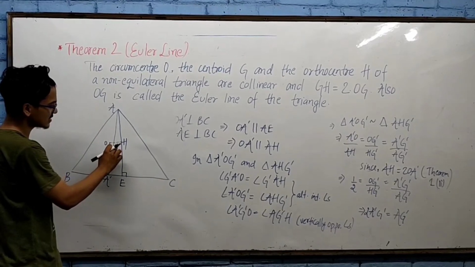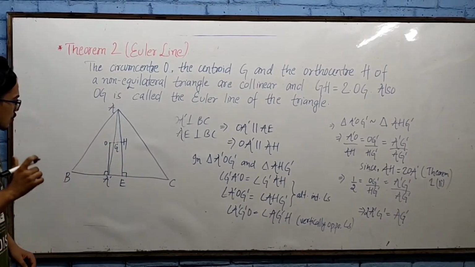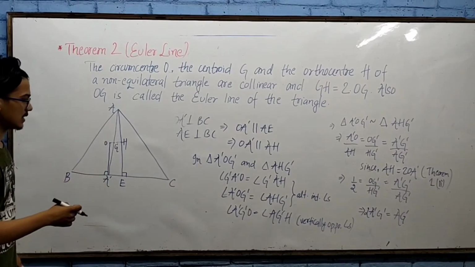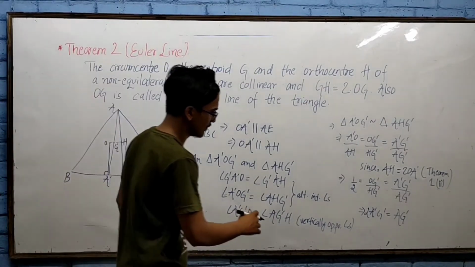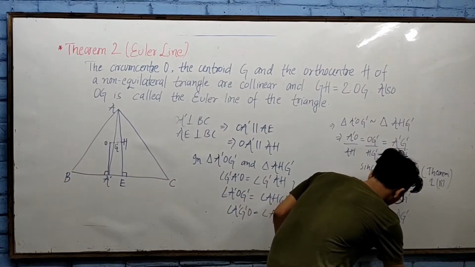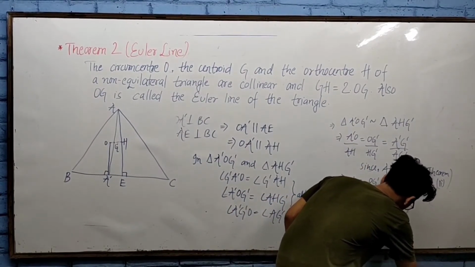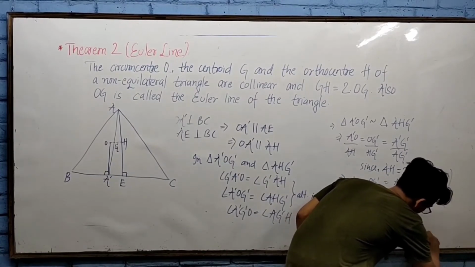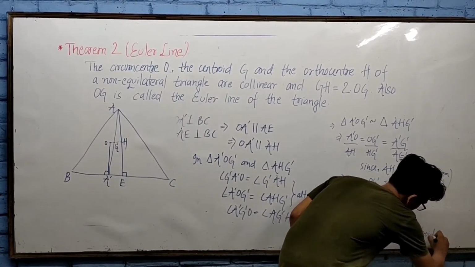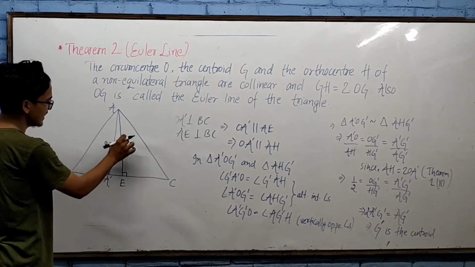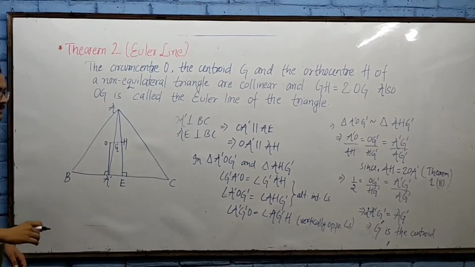So this G dash must be the centroid, because only the centroid divides the median in the ratio of 2:1. Hence G dash is the centroid. And if G dash is the centroid, then clearly O, G dash and H are collinear.